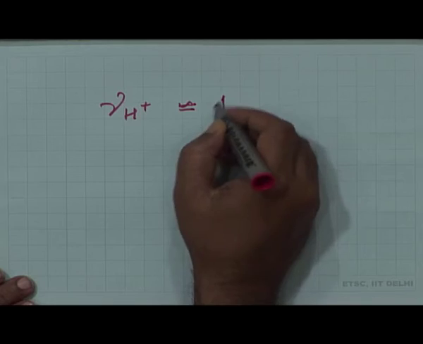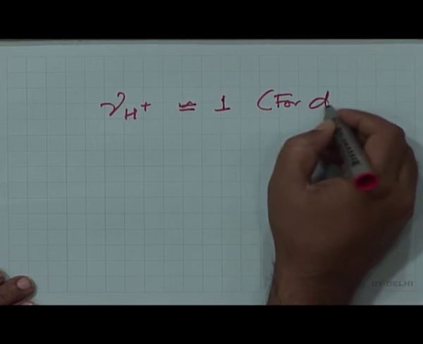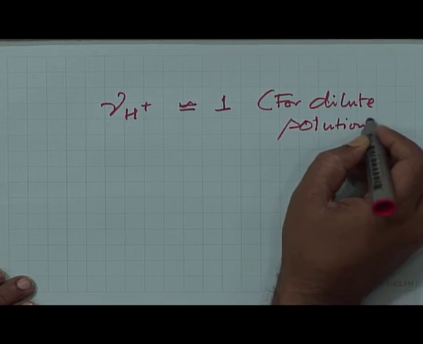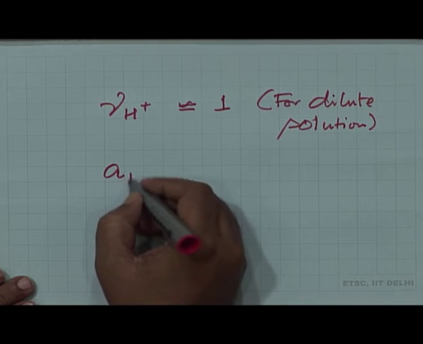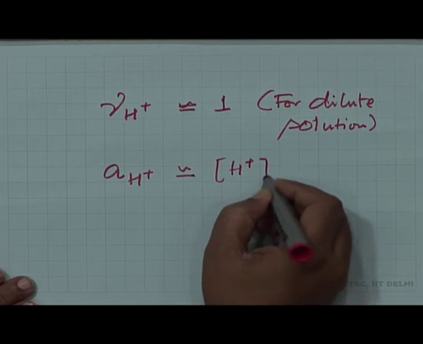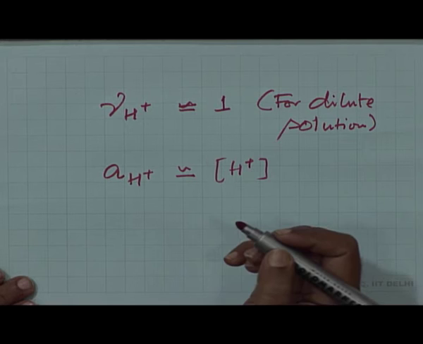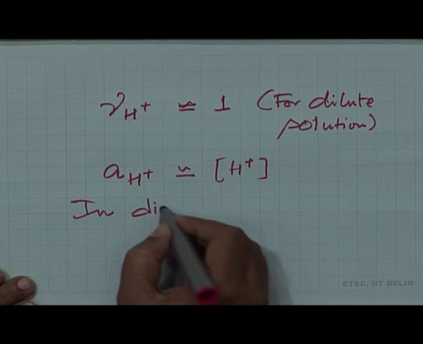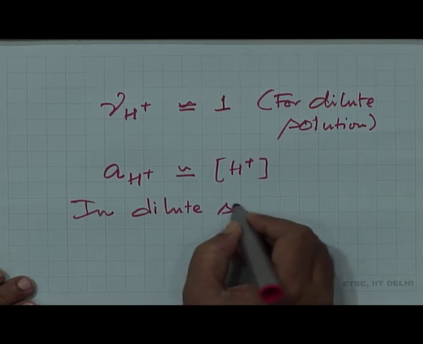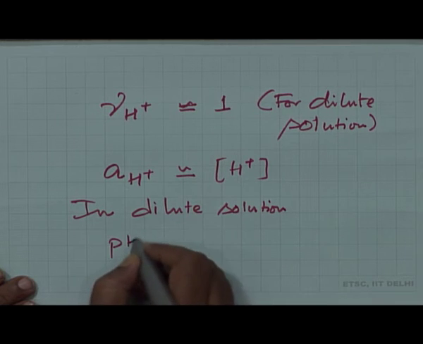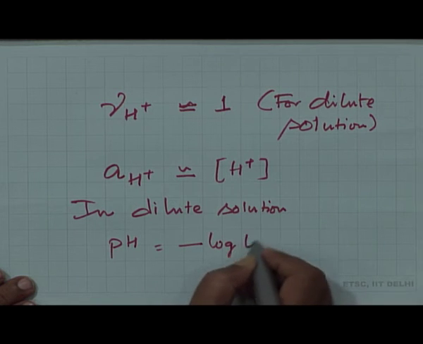The activity coefficient is almost 1 for dilute solution. And so, your activity of H+ ion in dilute solution is almost equal to the H+ concentration. And so, in dilute solution, pH is equal to minus log [H+].